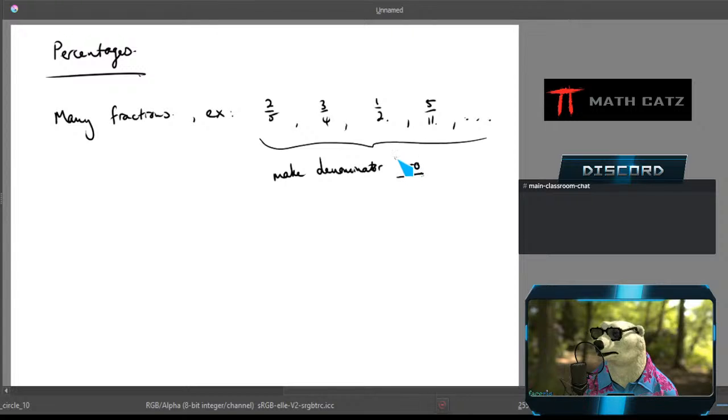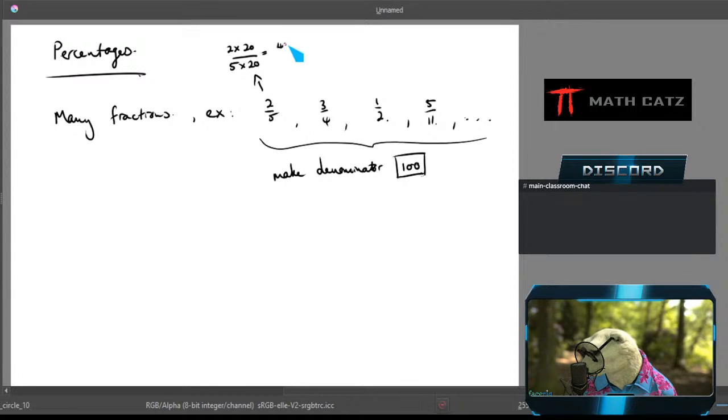100 is the denominator. Now, in some cases, with a convenient fraction, that is easy enough to do by just multiplying by the same number on both sides, sort of reversing the simplification process. I would have to have 5 times 20, and then I would have to do it at the top as well.